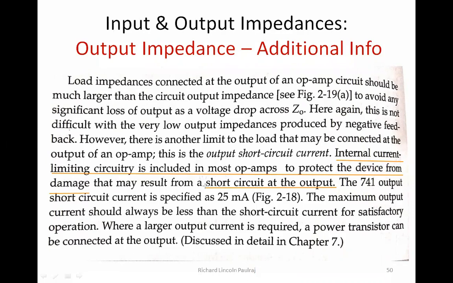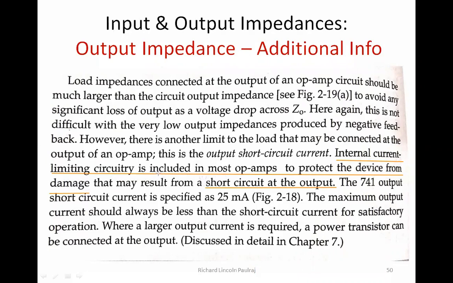If, for example, I have a lot of spikes in the outputs from the supply, and I connect it directly to my electronic device, as you all know, these electronic devices these days are very delicate, so you cannot expect them to last long. So we need some kind of current limiting circuitry.